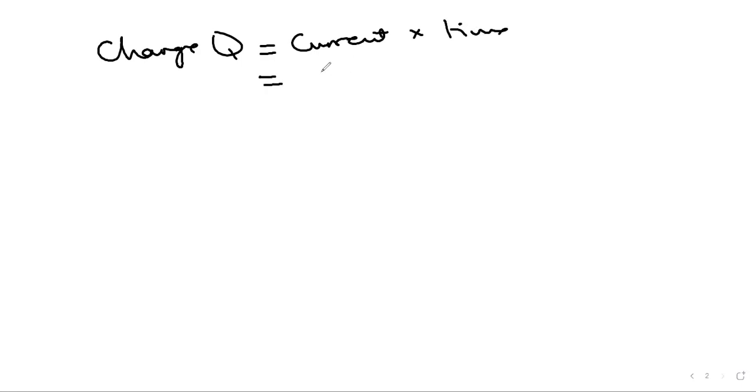Current is a fundamental unit of its own, represented by capital letter I, and T is a fundamental unit represented by T. So the dimensional unit for charge equals IT. As simple as that.